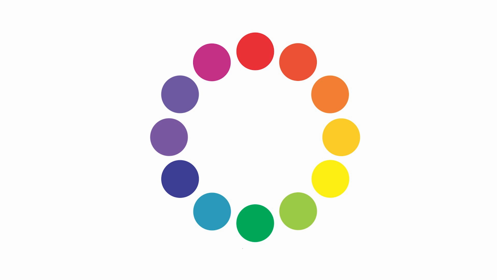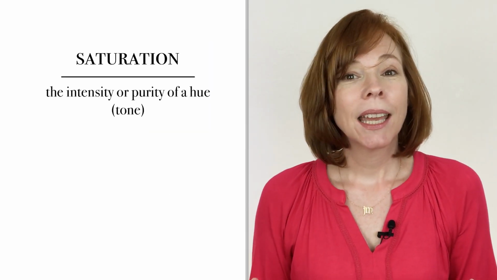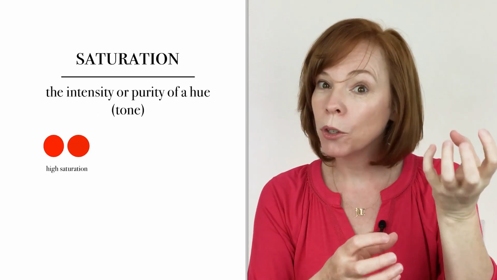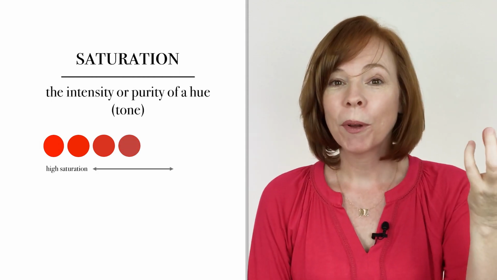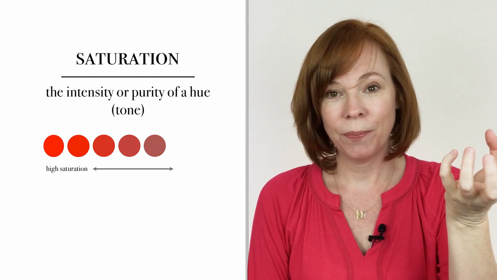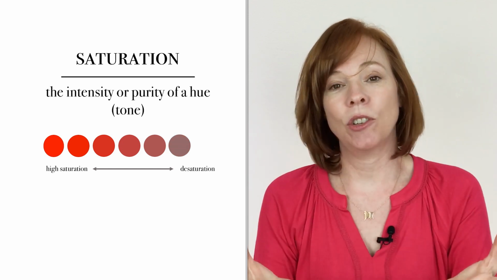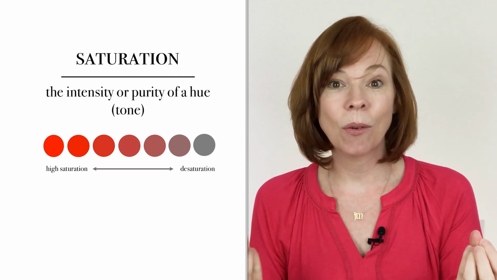The hue of a color can be changed by the saturation or the desaturation of the color. That means how much of the pure color is present and how much of that pure intense color is not present. So you go from a fully saturated color to a range where you can have the desaturated color, where the intensity is taken out.